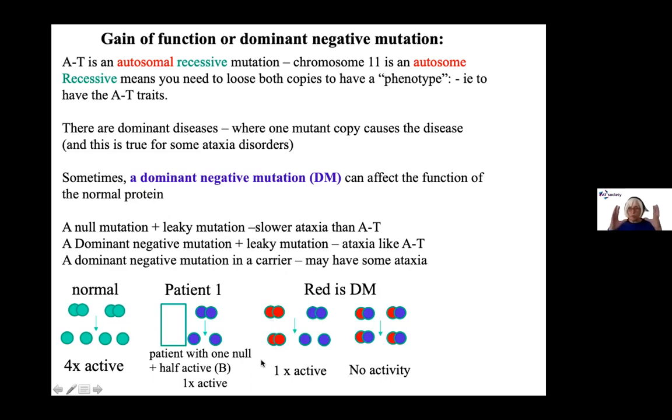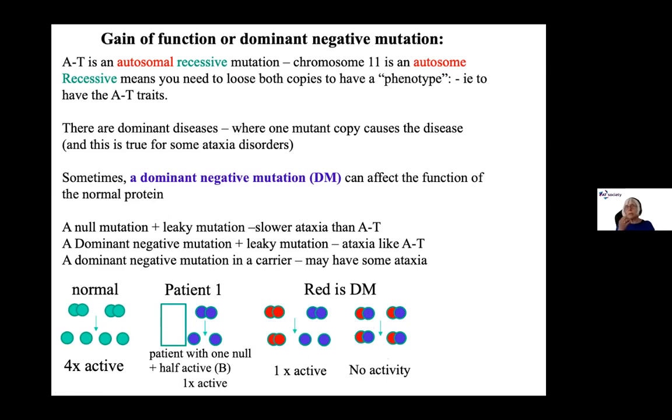But what you've got to remember is that in a cell, you've got a mixture of these proteins. And sometimes one of these will bind to one of those. And if that can stop one of these being active, you'll then have no activity because one of these little red guys can stop the other guy being active. So in fact, you're worse off having one of these than having no protein. And that is called a dominant negative.